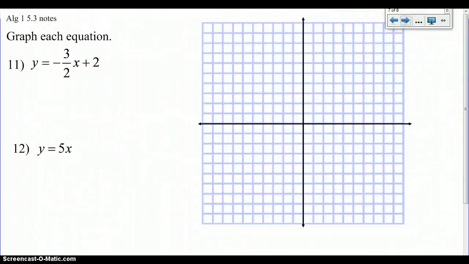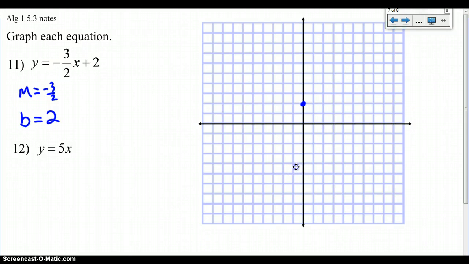All right. Last topic we're going to look at today is graphing these equations. This is strangely a really similar process to what we were doing earlier when we were picking out slopes. Like here we know the slope is negative 3/2 and the y-intercept is 2. Now if I want to graph that, I always start by plotting the b value, which is 2. That means it crosses the y-axis at positive 2.